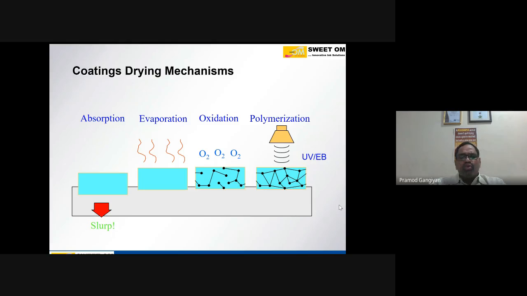They have so many raw materials which are not good for the human body. So that is why they are not gaining popularity. Though they have very good properties, they are not getting popular, and there are some restrictions to use UV curable coatings. Even electron beam coatings have similar problems, but somehow electron beam coatings are better than UV curable coatings.